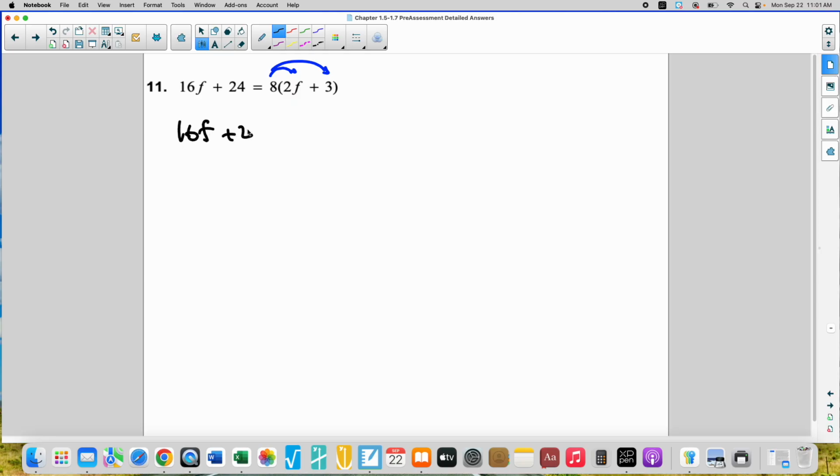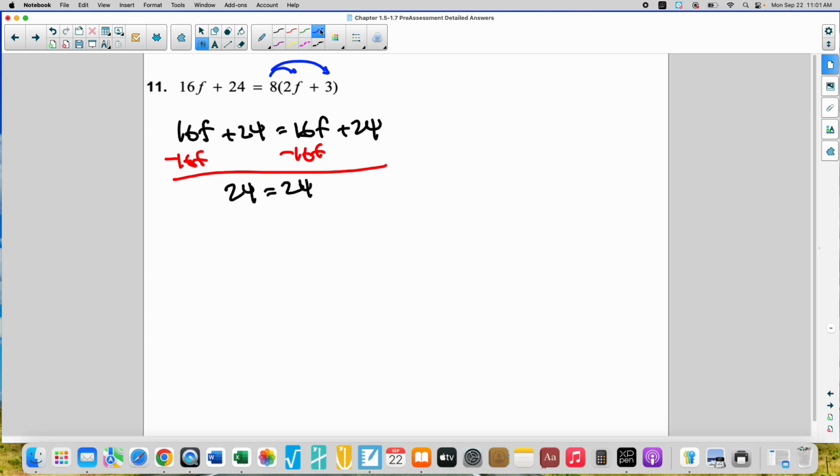16f plus 24 equals 16f plus 24. Yes, some of you already see the answer. We're going to move the variables first, subtracting 16f, leaving us with 24 equals 24.